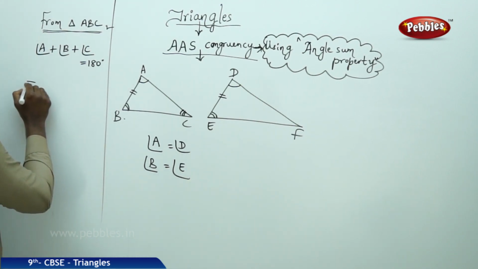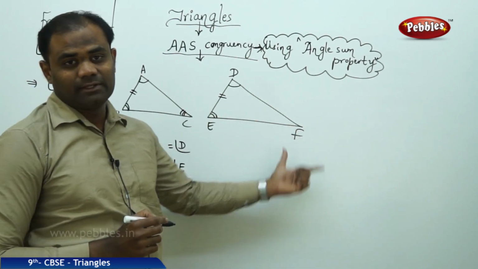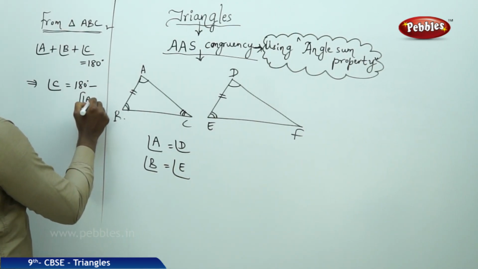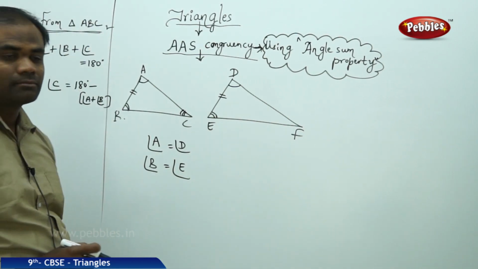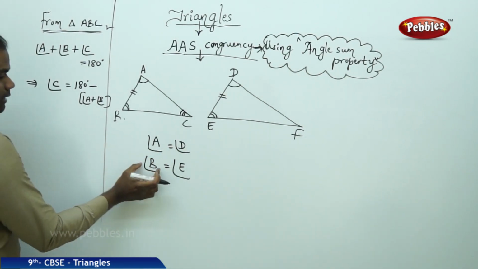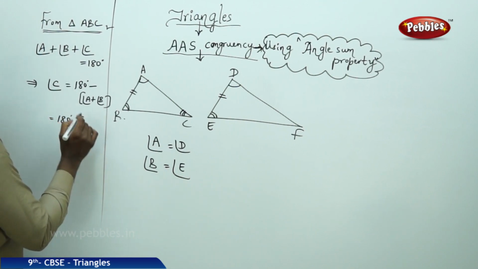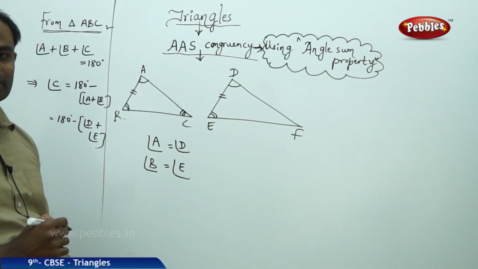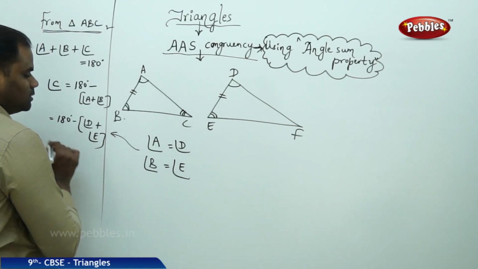Then, in order to find angle C in terms of angle F, let me bring this to the form 180 minus (angle A plus angle B), with these two brought to the right. Now, angle A is equal to angle D and angle B is equal to angle E. Therefore, I can write this as angle D plus angle E, which is how I get it substituted.